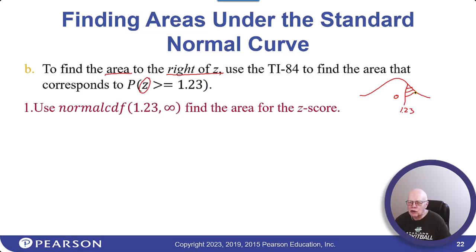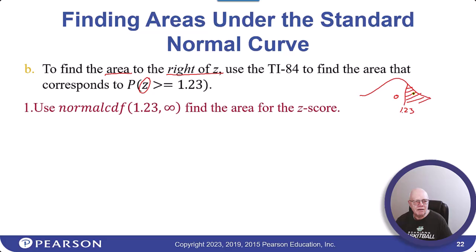This is what you're trying to find. Now remember, the area under the curve is 1 or 100%. If you look at this, this is less than half because it's to the right of 1.23. So keep that in mind. When you get your answer, it needs to be less than 0.5.